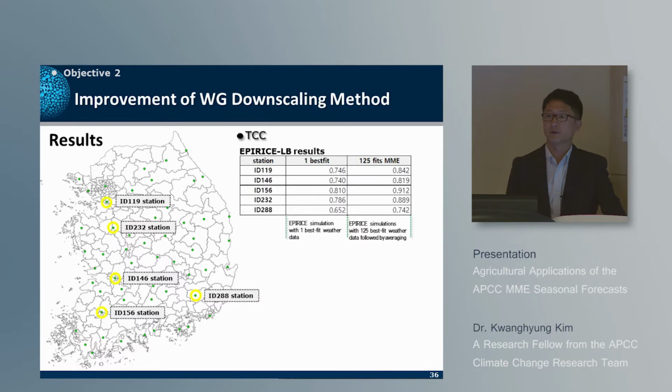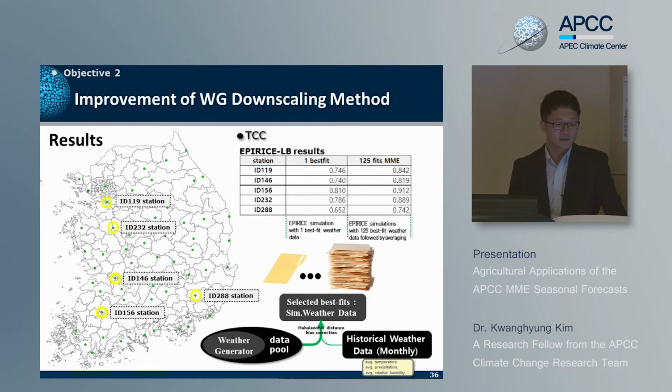There are several modifications or introductions made for the improvement of WG downscaling. As you can see here, we selected more than one best fit and ran the crop model with all the best fit data. In this case, 125 best fit were used for the model running, and then all resulting disease risks were averaged to get the final disease risk.